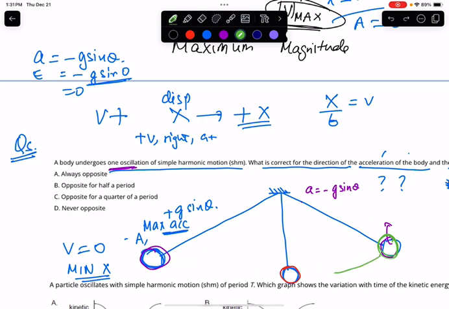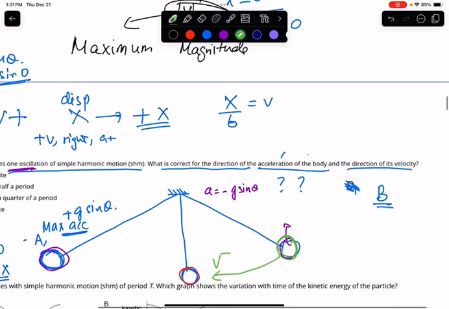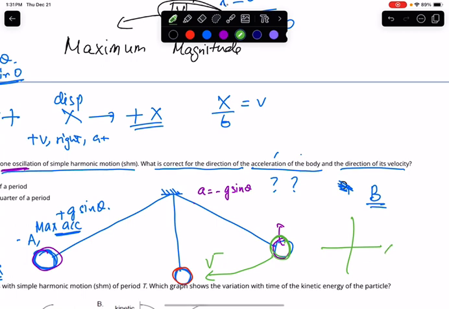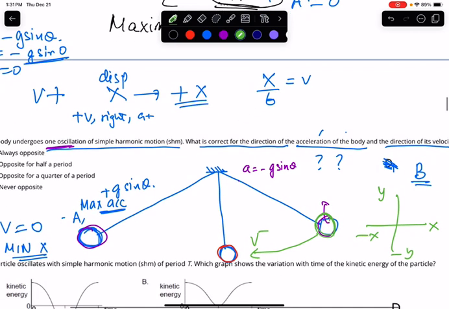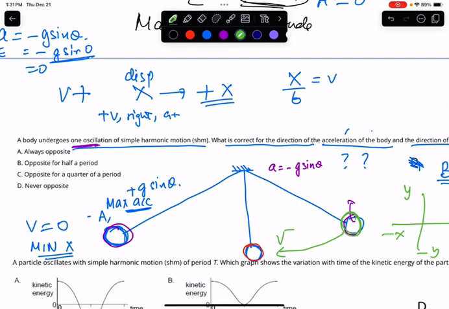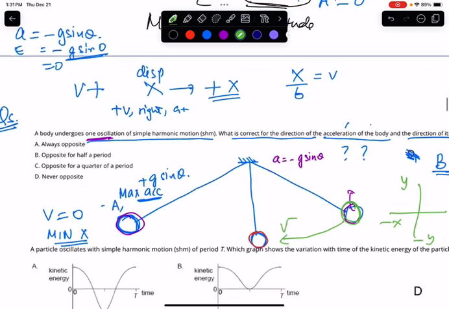As the pendulum goes back, we see that the velocity turns negative because you're going in the negative x direction. So because the pendulum is going to the left, your velocity is going to be negative. Okay?